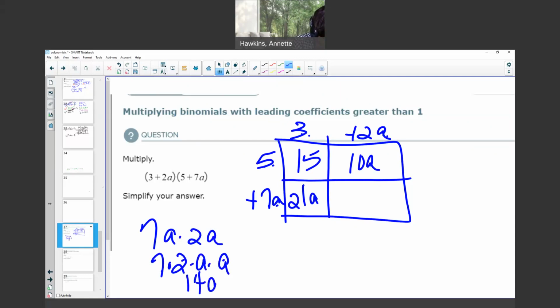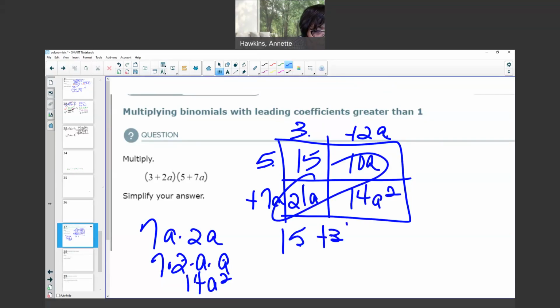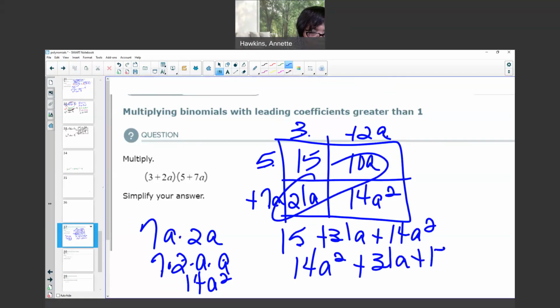A times a is a squared. So this is 14a squared. So we have 15 plus 31a plus 14a squared. Typically, we put this in order from the highest exponent, so I need to turn this around. 14a squared plus 31a plus 15.